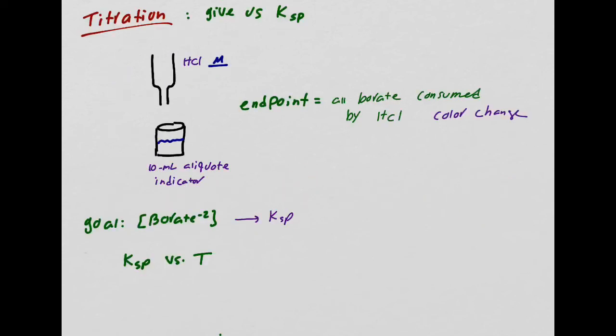Now, if you have delta H and delta S, you can plug them into the formula and get the delta G. That's pretty cool. Again, we use the relationship between K equilibrium and delta G to get the variables that we want.